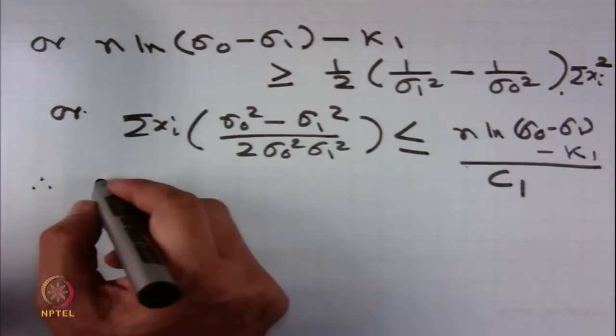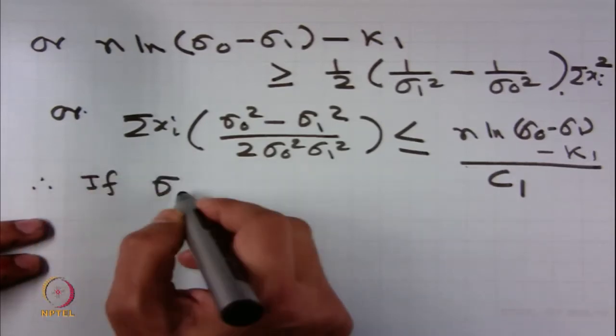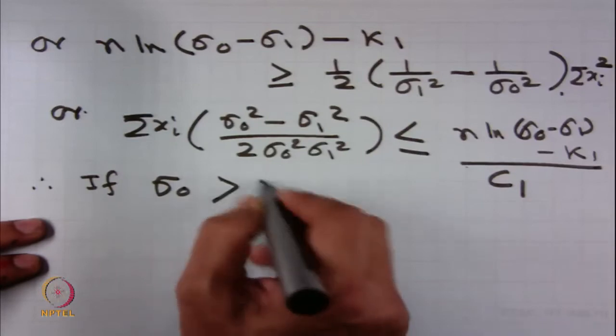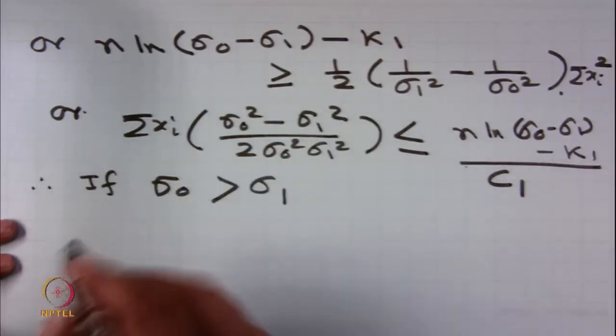Therefore, if sigma naught is greater than sigma 1, then this term becomes positive.